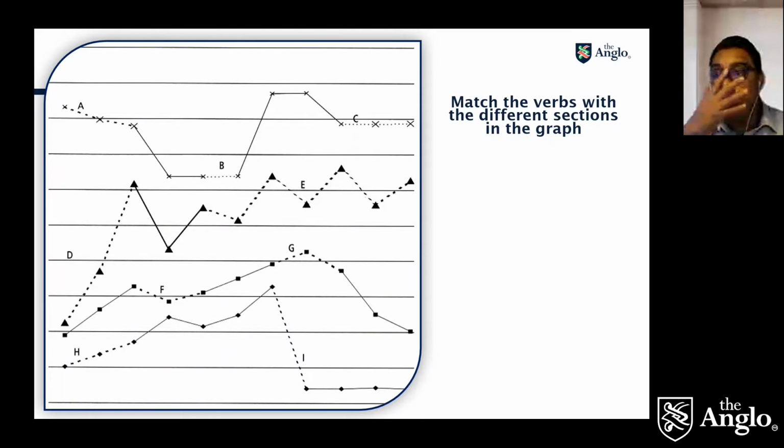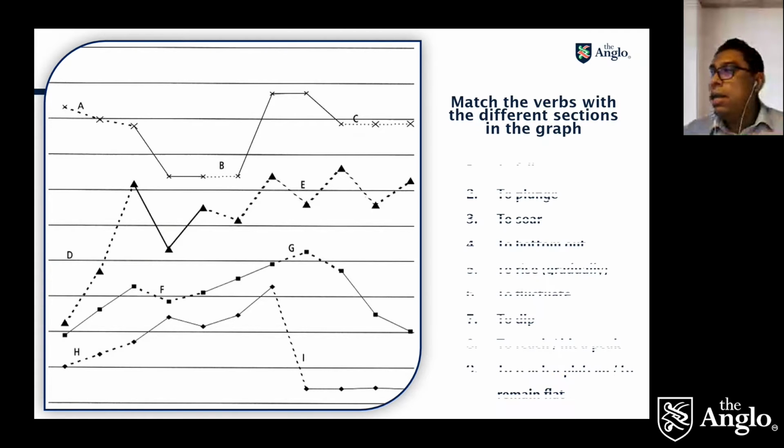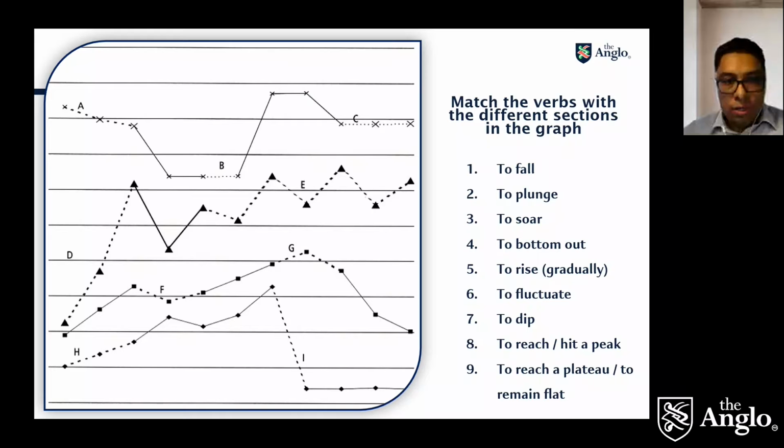For example, the first one, you have A, B, and C. In this line, we have three different moments that we can describe. What I want you to do is to match the letters shown in this picture, A, B, C, D, E, until I, with these verbs. You cannot repeat verbs and you can use each verb only once.